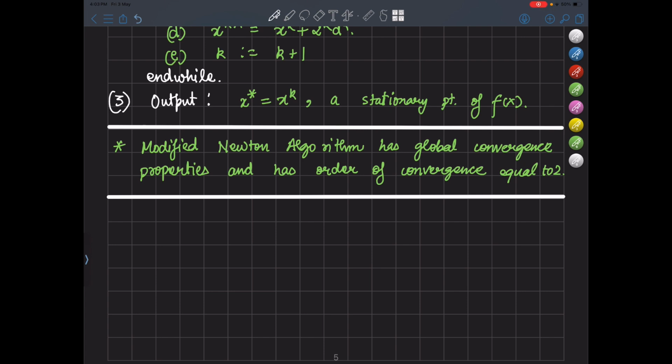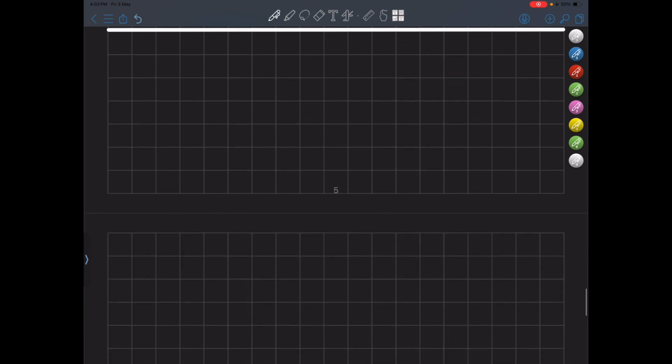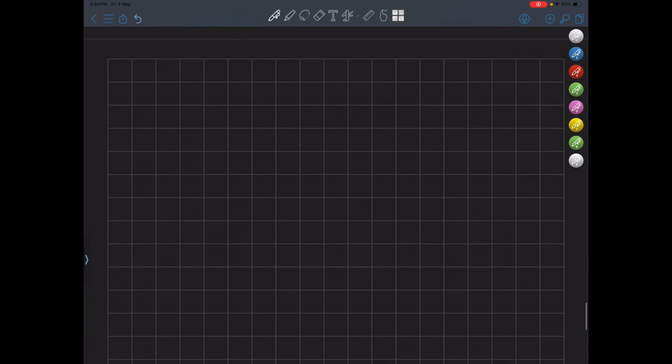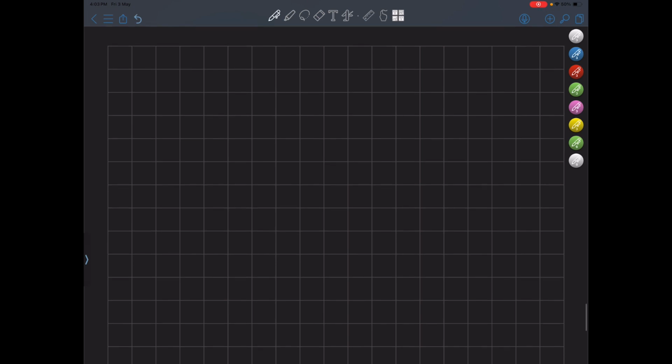Now let us look at some other modifications that we can make in the classical Newton algorithm, apart from what we saw above. So the next modification, or next algorithm, is trust region based algorithms. Trust region methods.